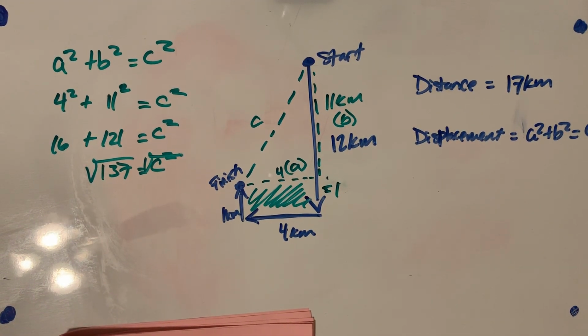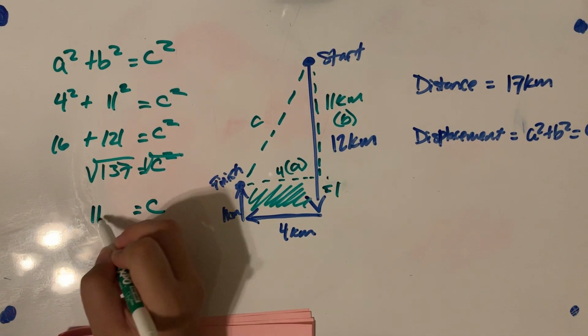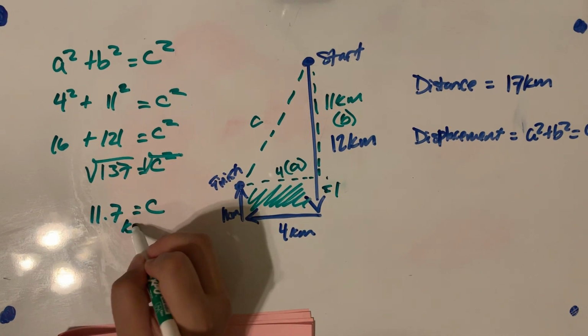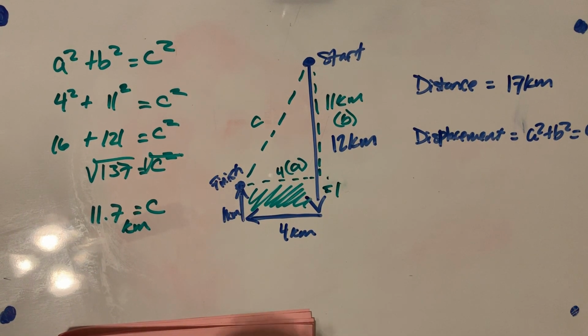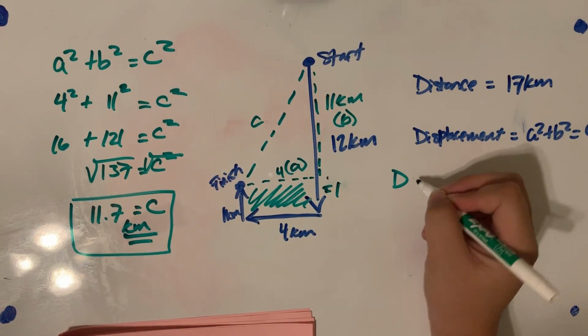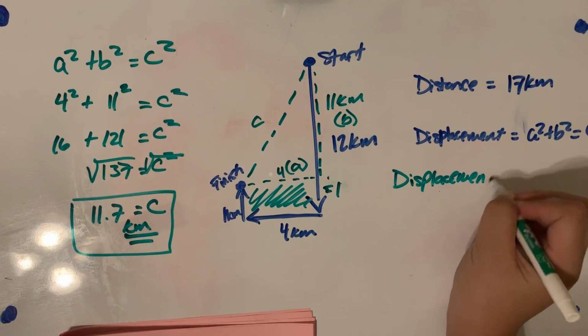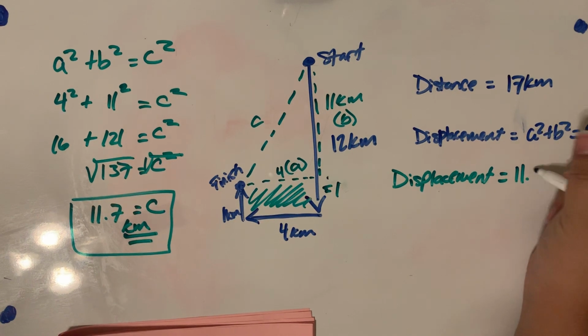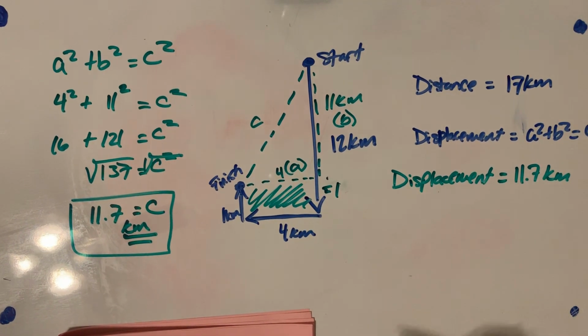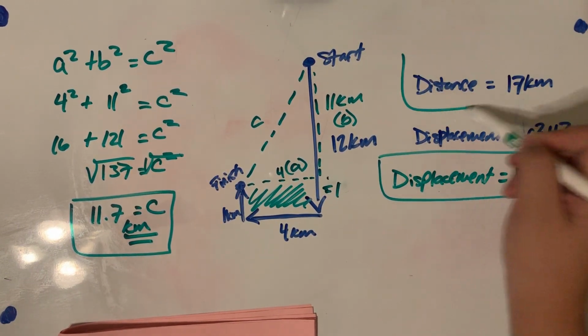Put it into your calculator. Second squared 137. So my C is going to be 11.7 kilometers. Don't forget your units. Okay, so my displacement is equal to 11.7 kilometers. Okay, ta-da! And my distance was 17.